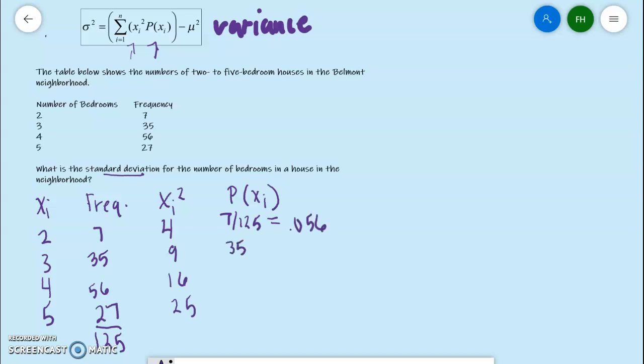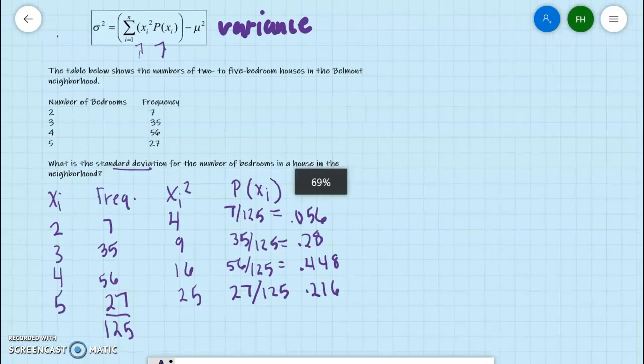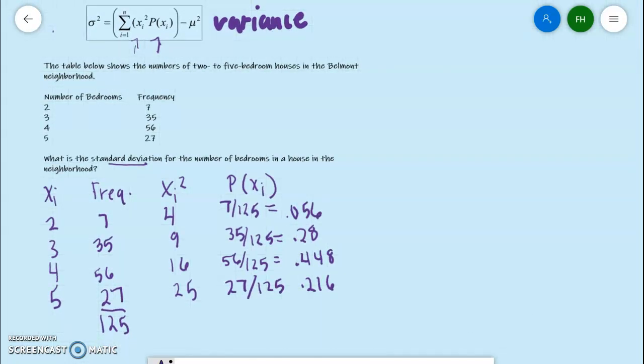And then 35 divided by 125 would equal 0.28, then 0.448, and 0.216. And remember, you can check these because they should add up to 1.